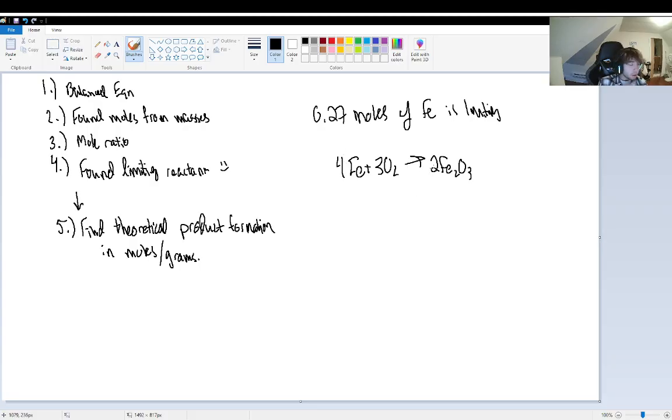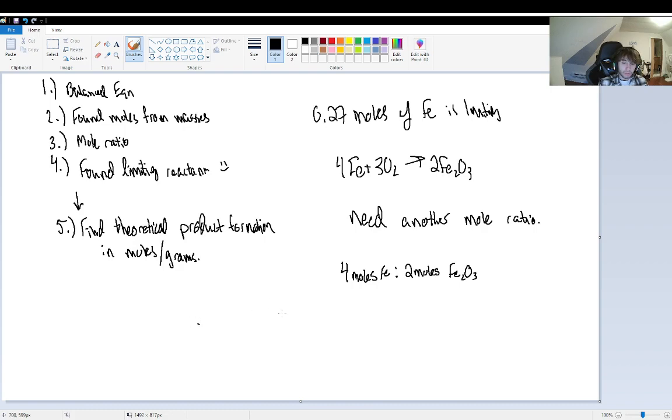So we need another molar ratio. We can say 4 moles Fe is equivalent to 2 moles Fe2O3 as far as this reaction is concerned.